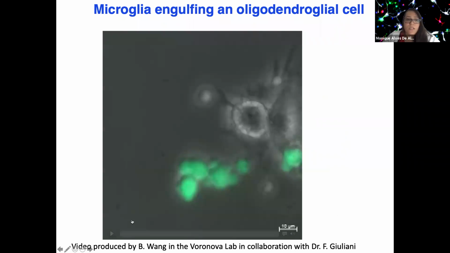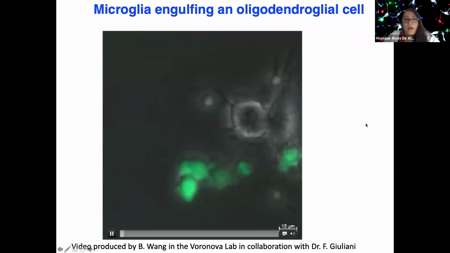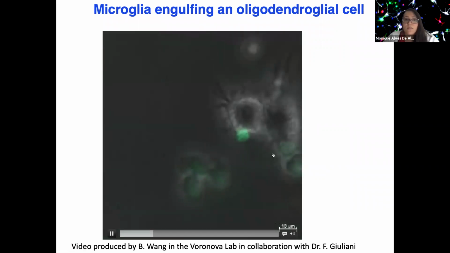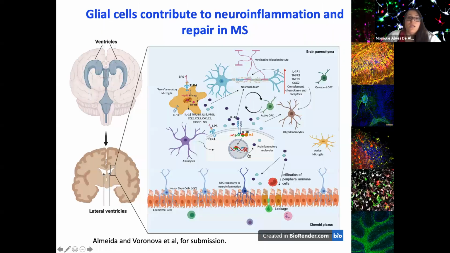Here's just a video showing the highly phagocytic nature of microglia cells, which plays an important role in CNS homeostasis. In addition to everything we learned today, it's important to highlight the involvement of glial cells in inflammation.